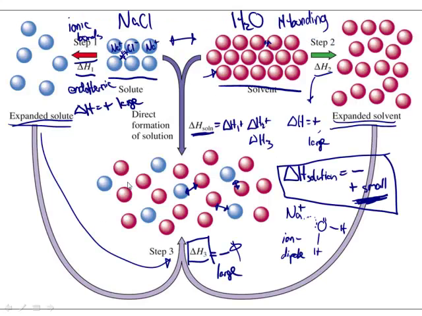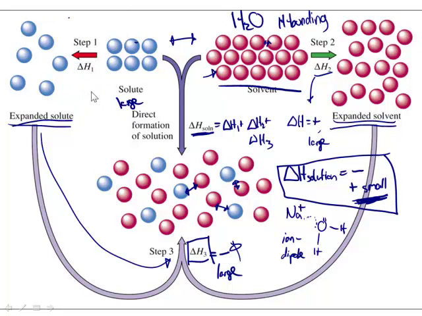I'll erase some stuff off my diagram. If we consider this diagram, now we change the identity of our solute and our solvent. So instead of having our solvent be sodium chloride, let's make this hexane. Hexane is a nonpolar organic solvent.